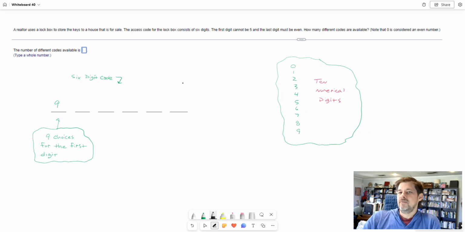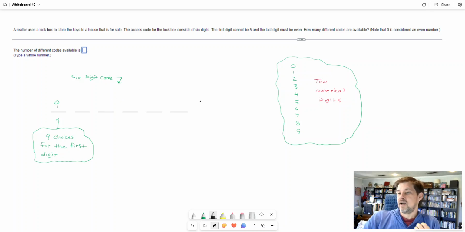Now, if I was going to create an access code like this, I would have to choose a number for each spot in the code. Like I'd have to choose what the first digit was, and then choose what the second digit was, and then choose the third digit. You see, I'd have to do these things in succession, all right?